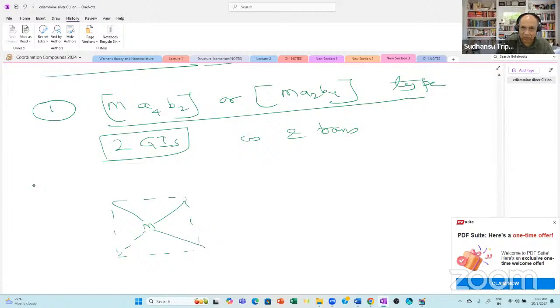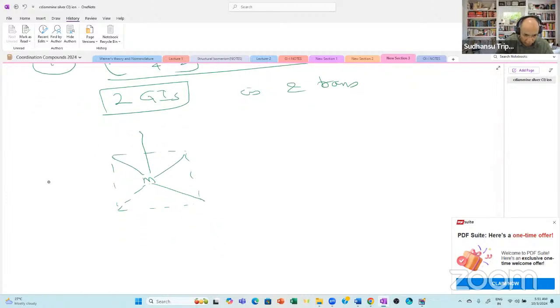These 4 are lying in one square plane, and the other one is above, one is below the square plane. This is the outline. These are the coordinate bonds. So if you write the 2 B's, they can be on the same side, this is same side, this is same side.